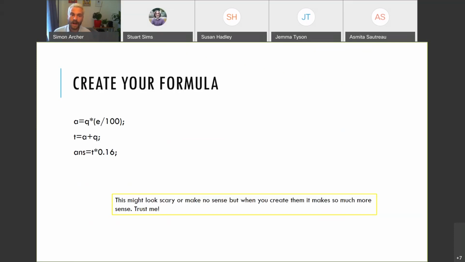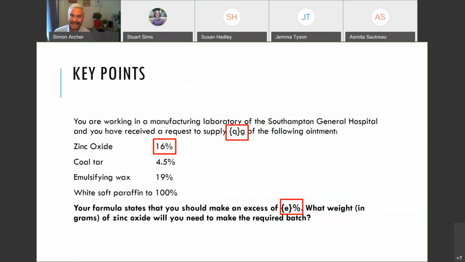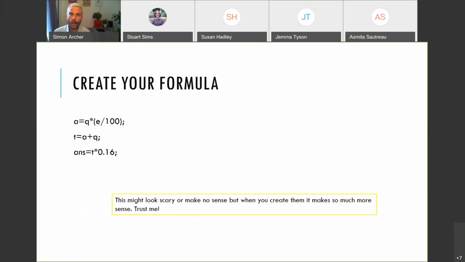The next step: I know that I'm creating the zinc oxide. Zinc oxide is 16%. Here, I've got a fixed number of 16, so I can easily pop into my equation 0.16 because I know it's 16%.